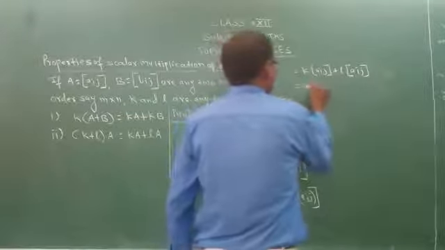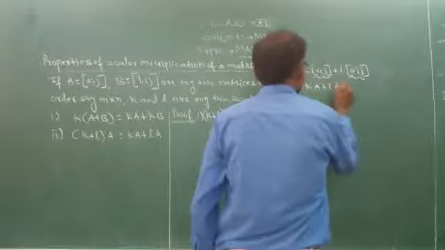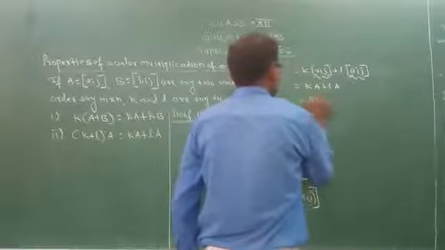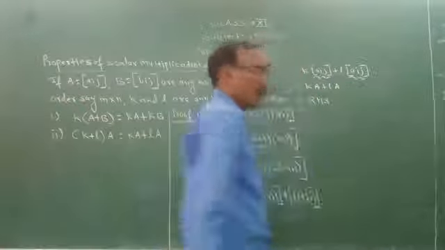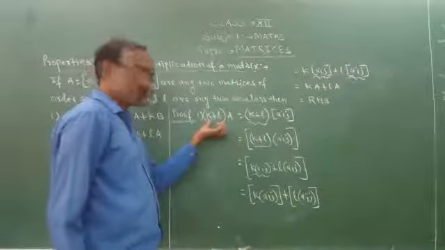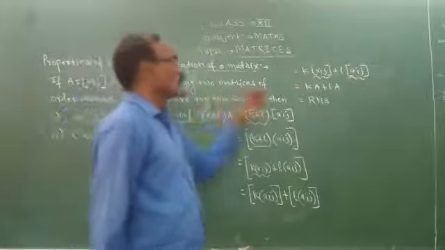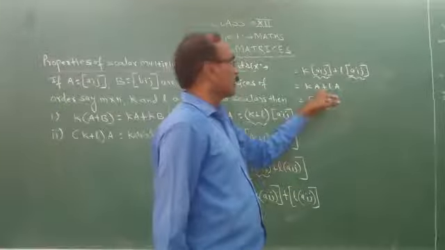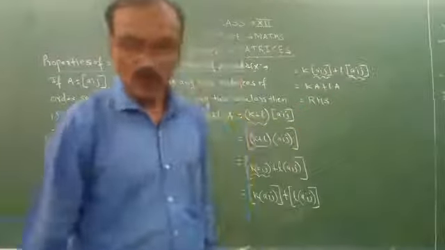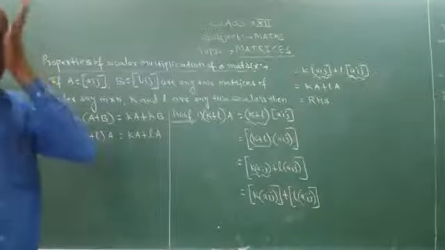That is K into A, this is your A, plus L into A. That is the right hand side. So in this way we can do the proof of this: the sum of two scalars into a matrix equals the first scalar number into the matrix plus the second scalar number into the matrix. So these are the properties of scalar multiplication of a matrix.